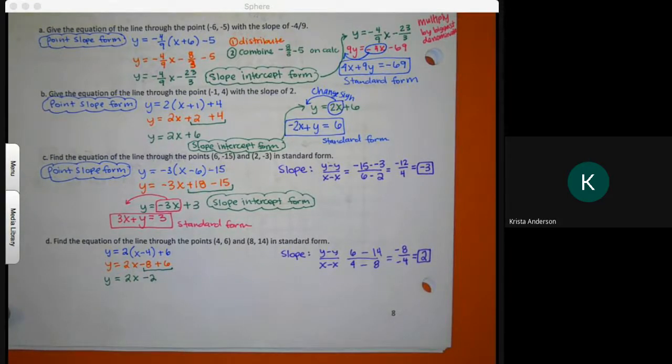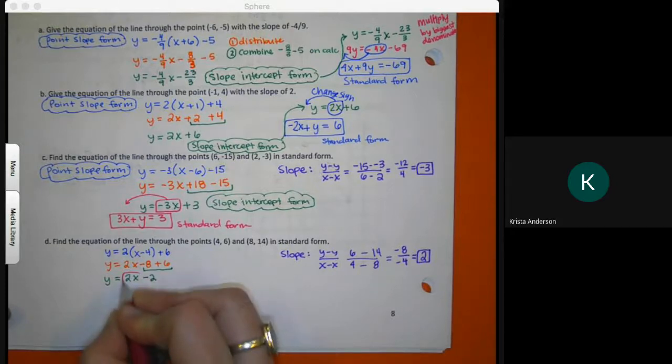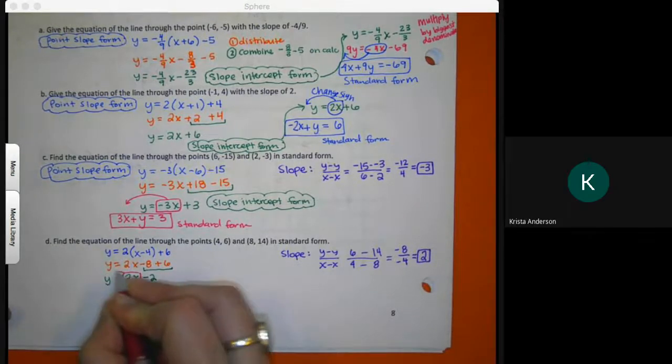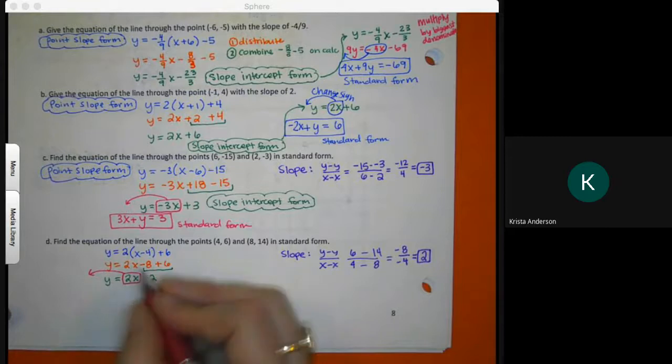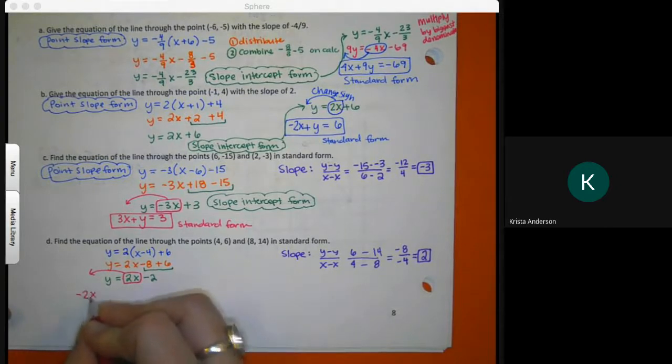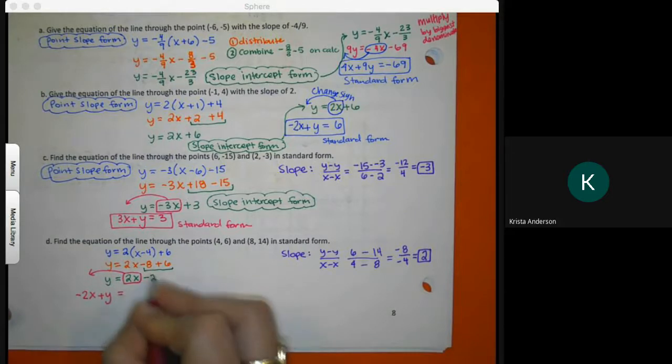I then move the x over with the y, and I'm going to change the sign to a negative 2x. This is a positive y equals a negative 2.